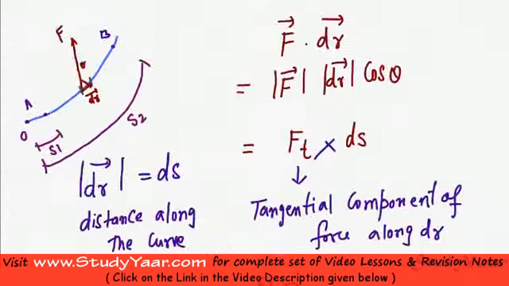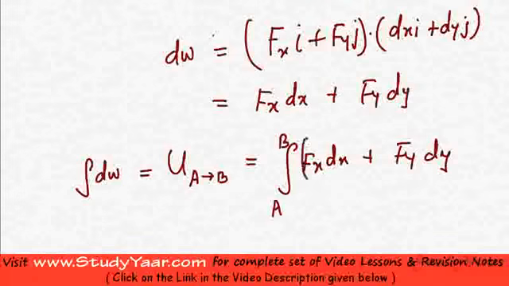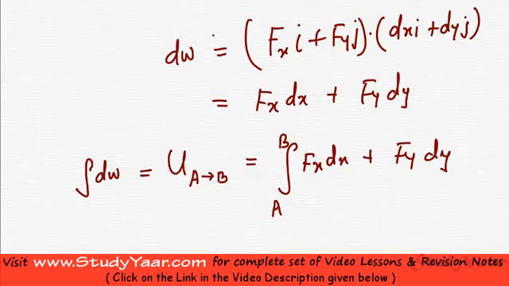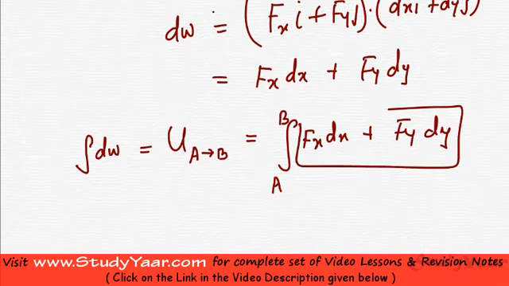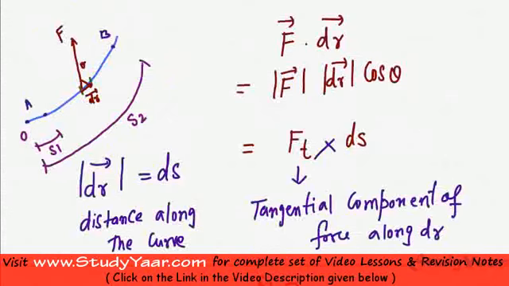Along the curve from point A to B, you have to integrate this particular expression so that you could get your work done. Essentially, you would have to express dy in terms of dx, or dx in terms of dy, and then take coordinates of either x or y, so that you could integrate along this path.